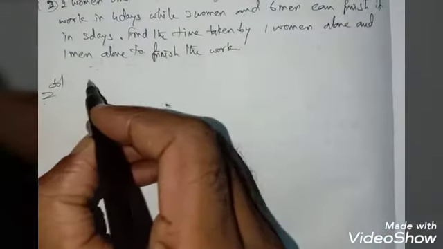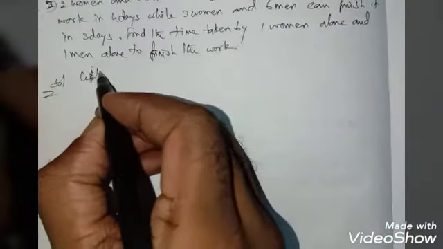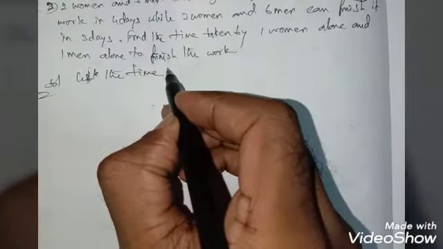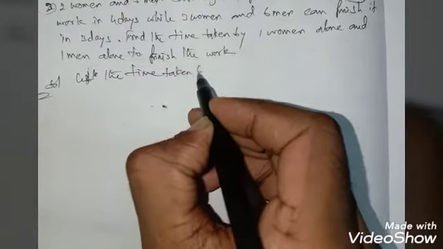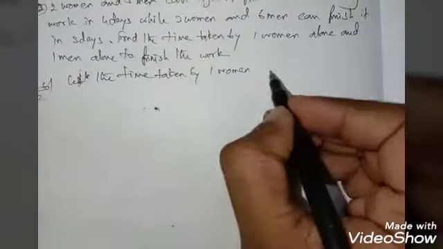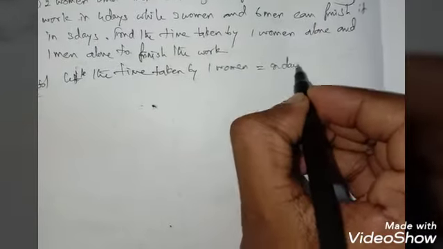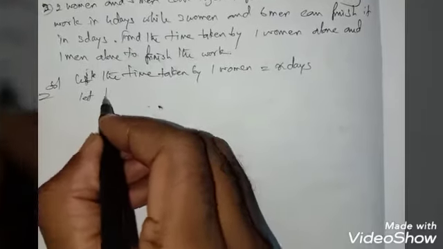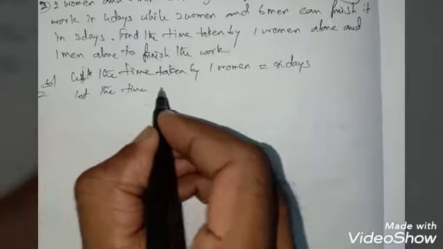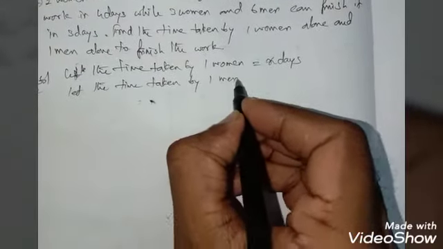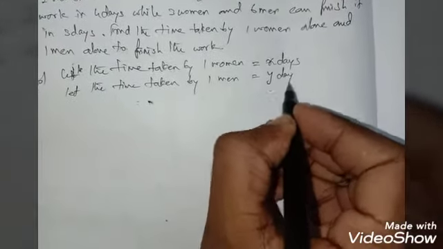Now we assume, let the time taken by 1 woman be x days. We don't know how many days it will take. And let the time taken by 1 man be y days.